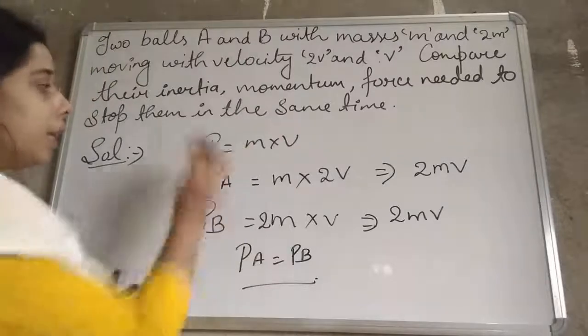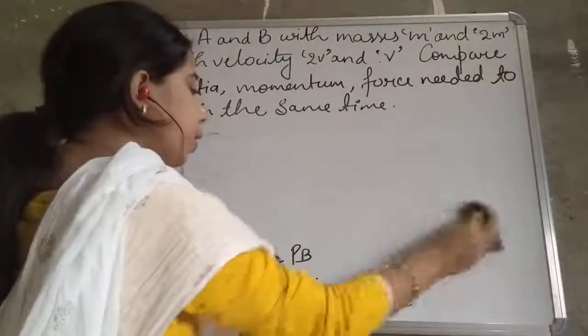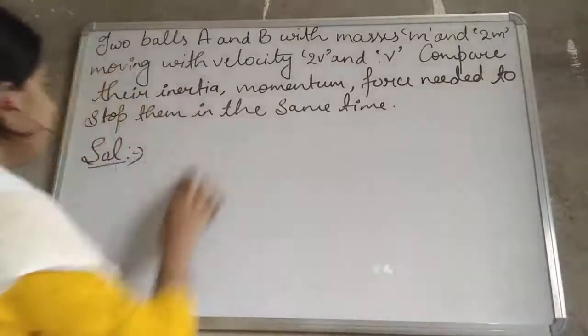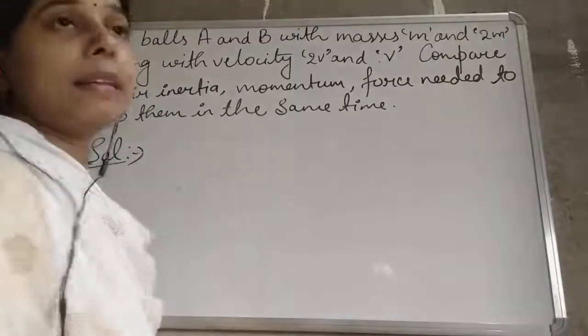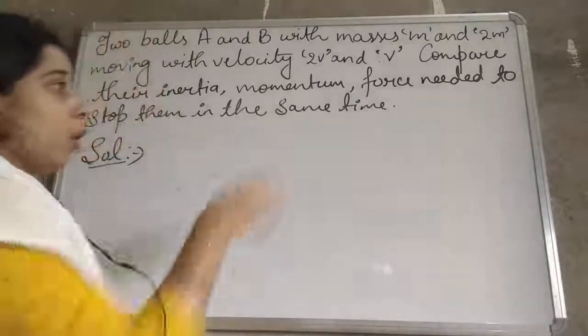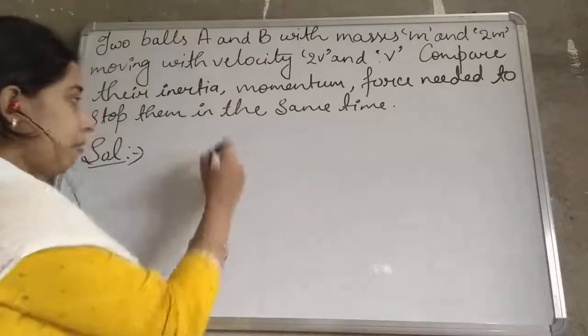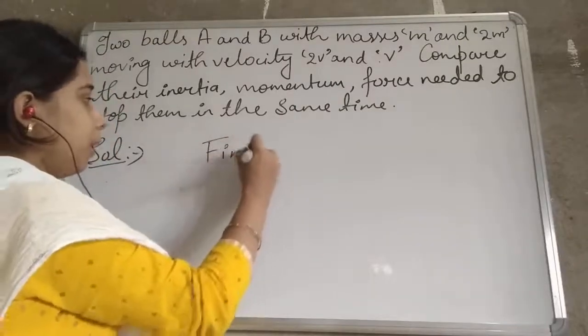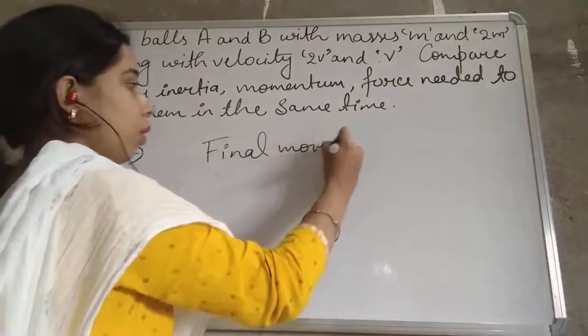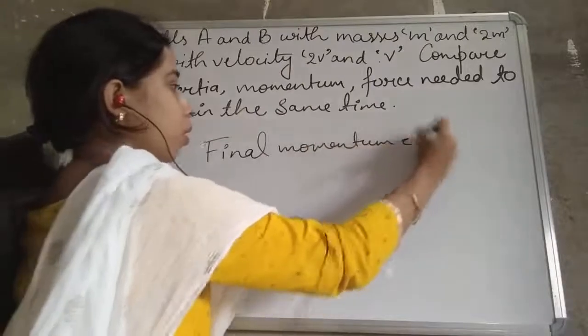Now the third one, that is the force needed to stop them at the same time. So we have to stop the body, so the final momentum will be 0. Why 0?